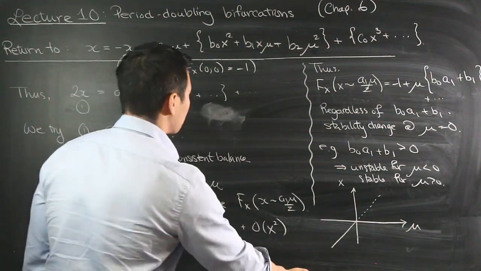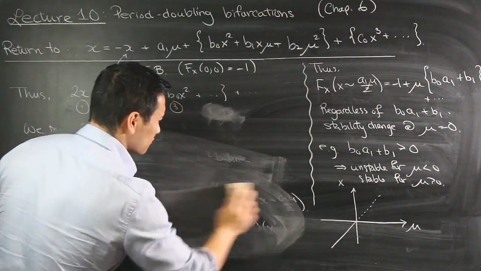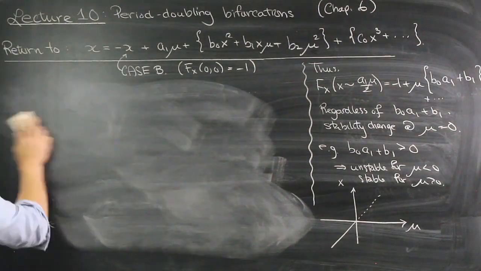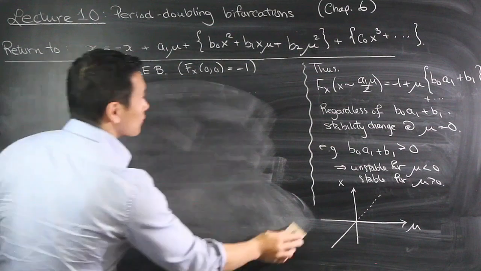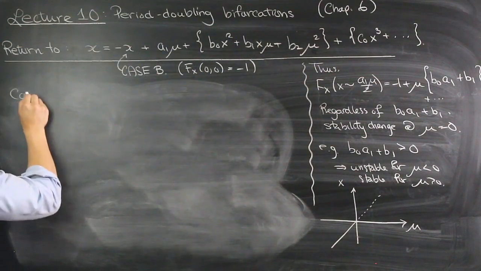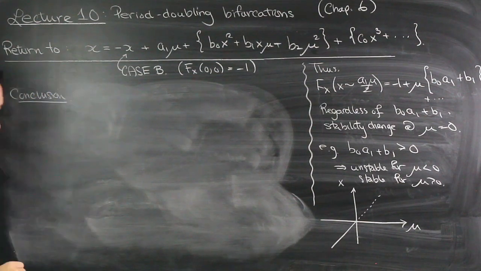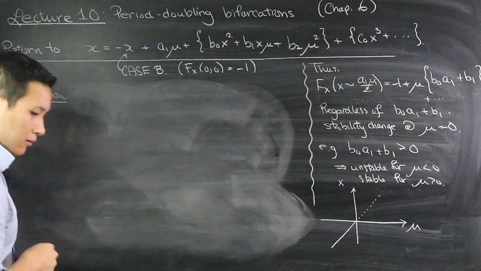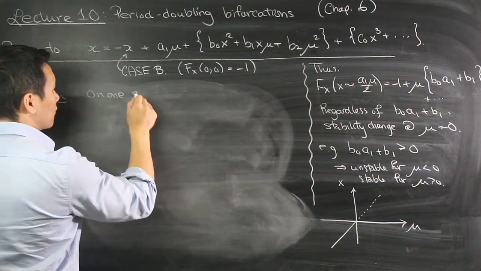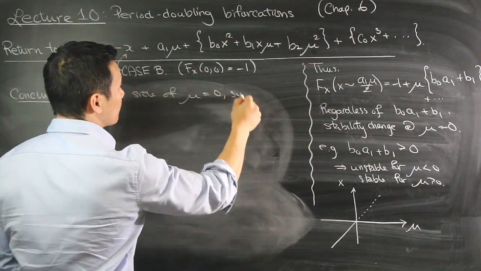Okay, I'll write that down. So, conclusion. On one side of mu is equal to 0, the system is stable.